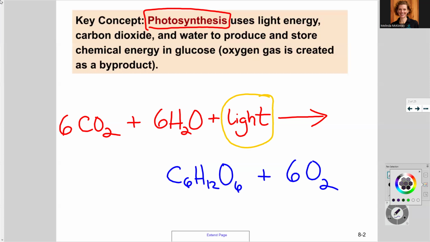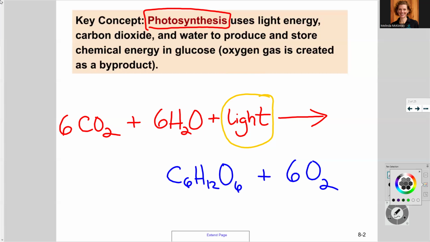So we would be going this direction, and instead of light, we would be producing ATP. So you've already learned the basic reaction in cellular respiration. We're just going the other direction and changing ATP for light energy.